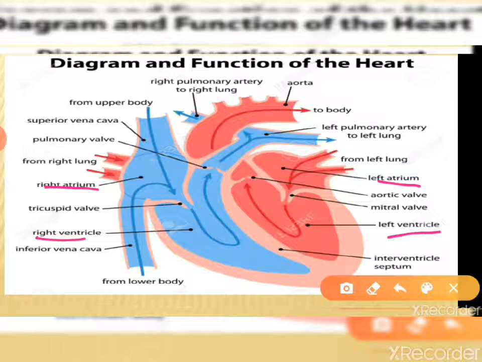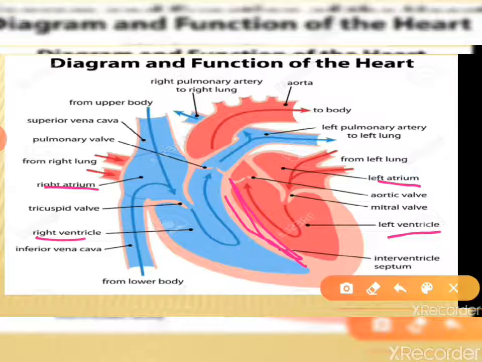The right hand side is separated from the left hand side by a septum in between. This septum prevents the mixing of oxygenated and deoxygenated blood, which increases the efficiency of the body.